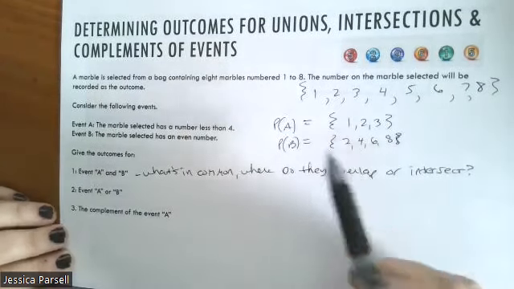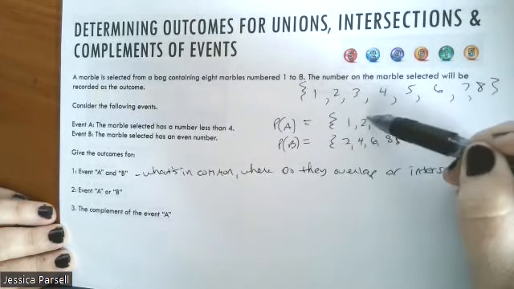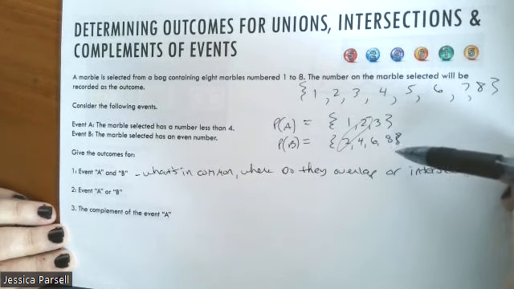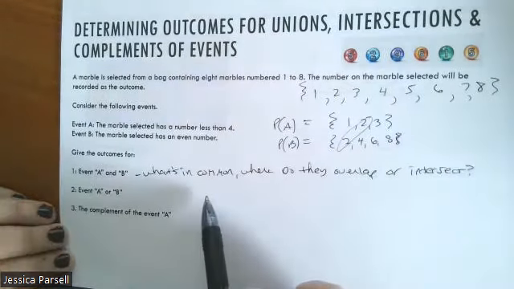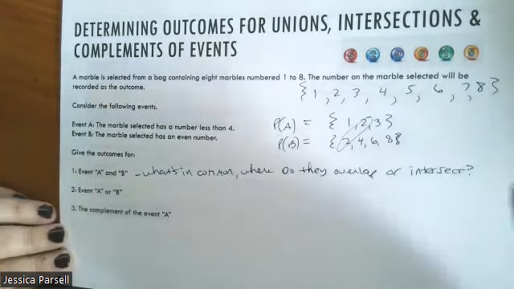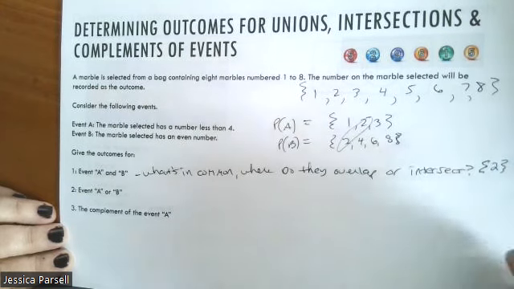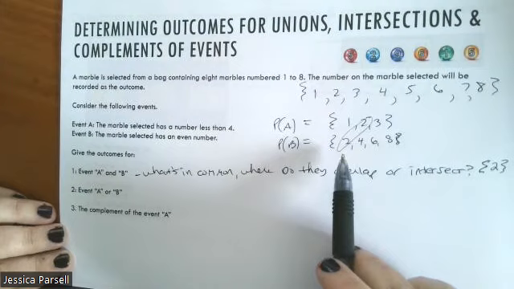That's between event A and event B. Well, 1 is only here, 2 is an overlap, 3 is not in here, and then 4, 6, and 8. So the only thing in common is 2. So it's just 2. Where do they intersect?